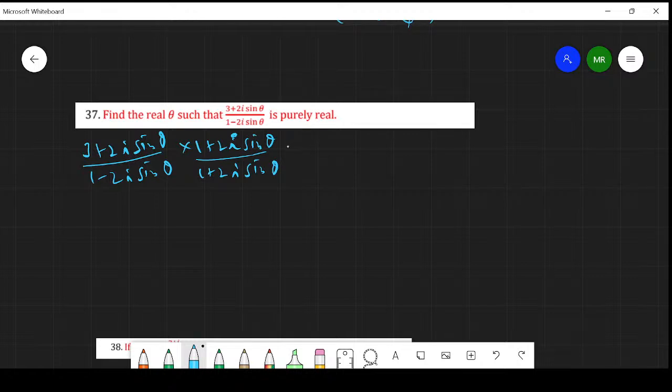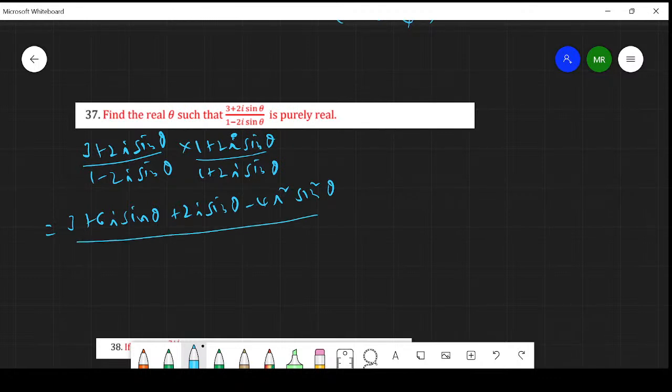You multiply this. If you multiply the numerator, it comes 3 plus 6i sin theta, and this one 2i sin theta minus 4i square sin square theta, by just ordinary multiplication in the denominator, (a minus b)(a plus b), 1 minus 4i square sin square theta.